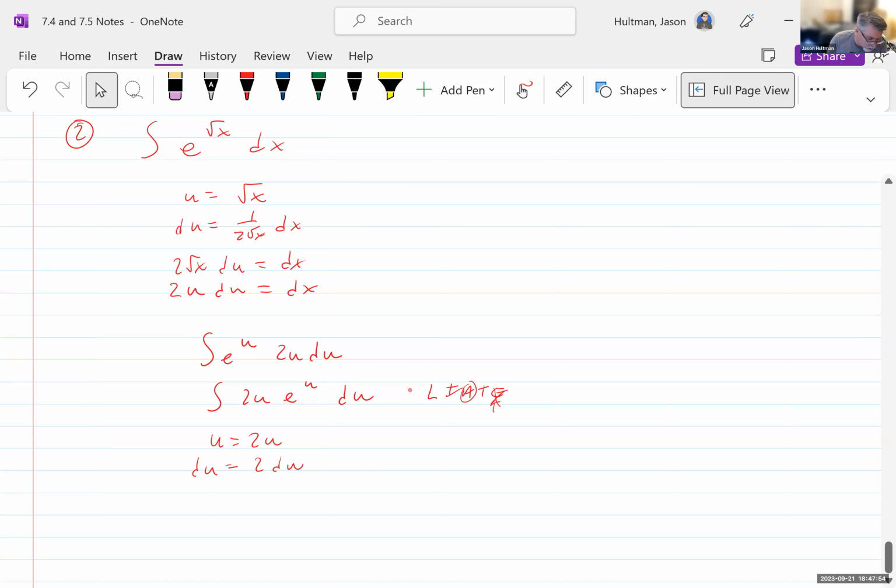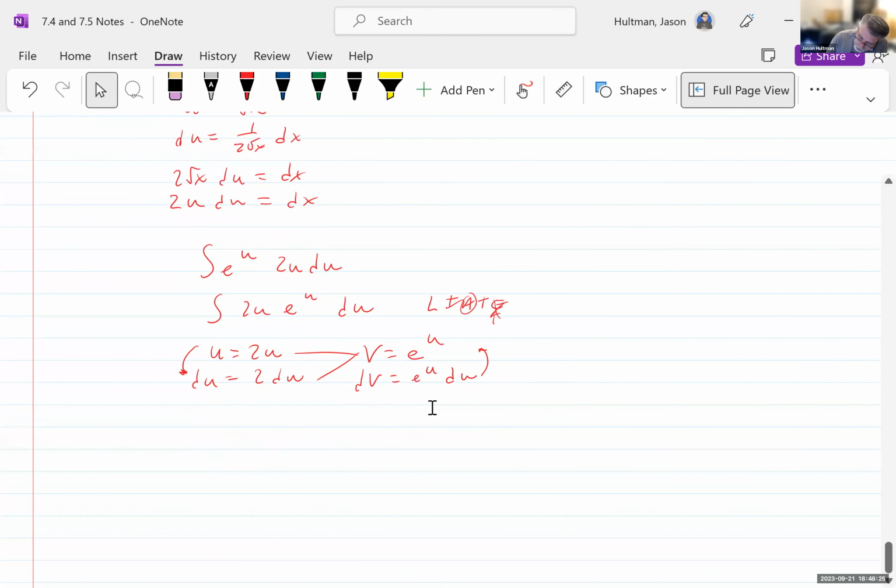Again, kind of weird to let those be the same, but we could use a third variable if we really wanted to. And so v is equal to e to the u, because dv was equal to e to the u du. So we integrate here, differentiate here. Okay, and so I'm gonna go uv minus the integral of v du.